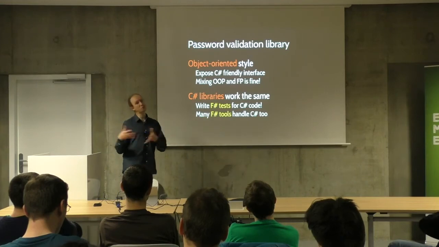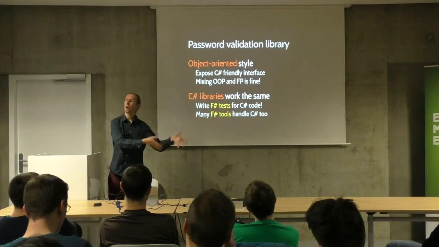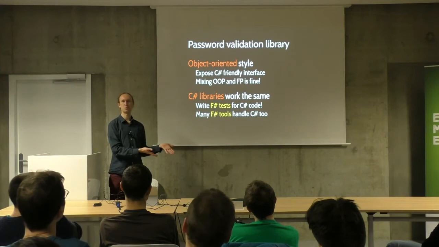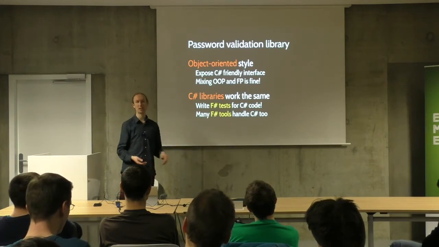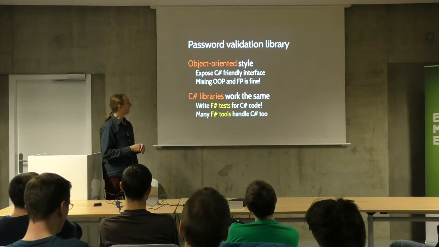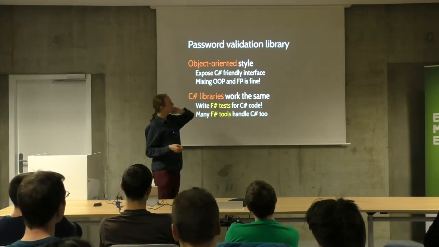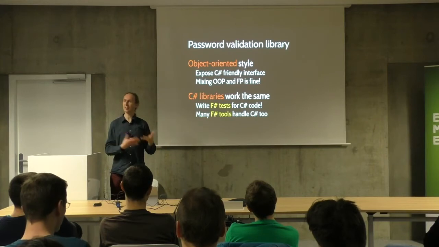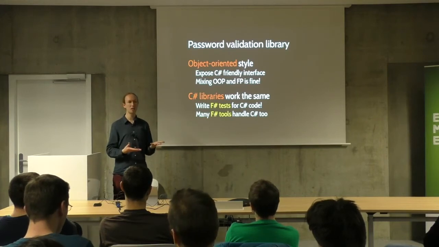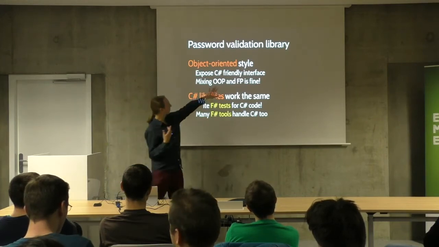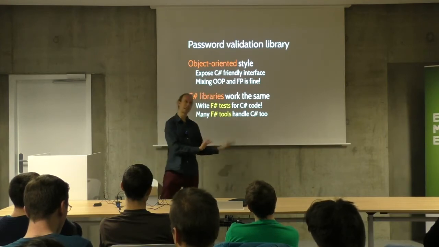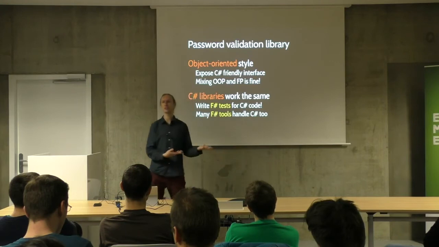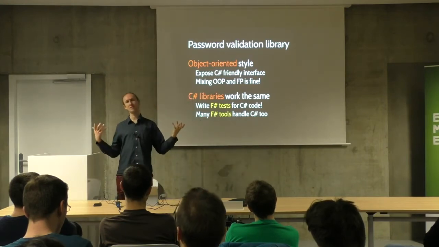So if you do something in F#, the people who are calling it from C# don't really have to worry that it's in a weird language, because it will just look like normal .NET code. I also think mixing object-oriented and functional style works pretty well because you can take things like interfaces from the object-oriented style and things like immutability from the functional style. Those two aren't really against each other.